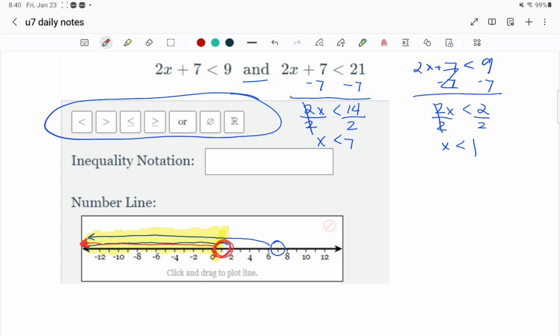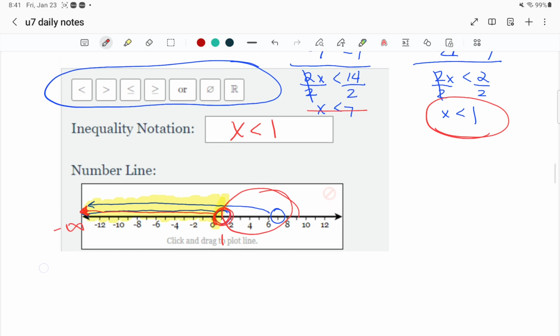They only overlap from, technically, negative infinity to 1. So if I got rid of everything that the 7 brought to the table, all I have is 1 and then everything less than it. If that's all I kept, then that's all I'm going to keep. And I'm not even going to bother with this one. My final answer is x is less than 1.